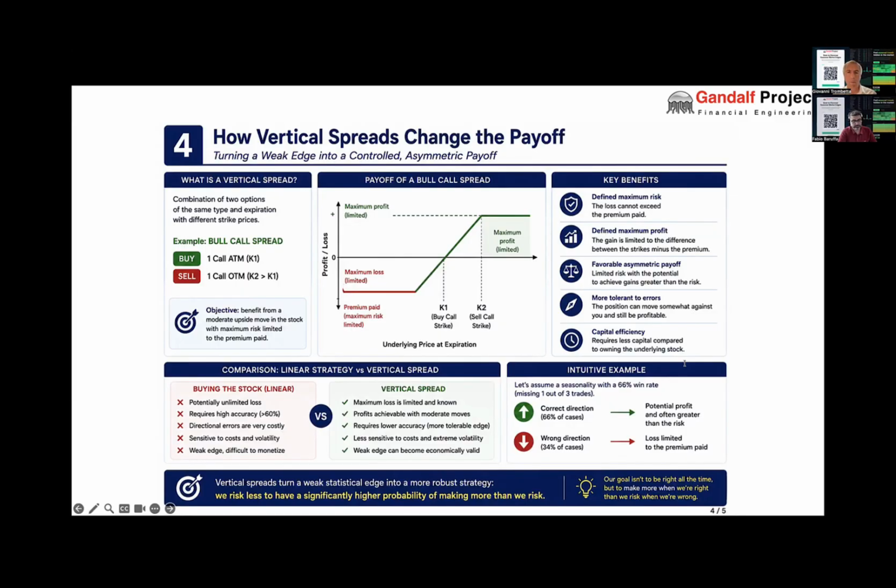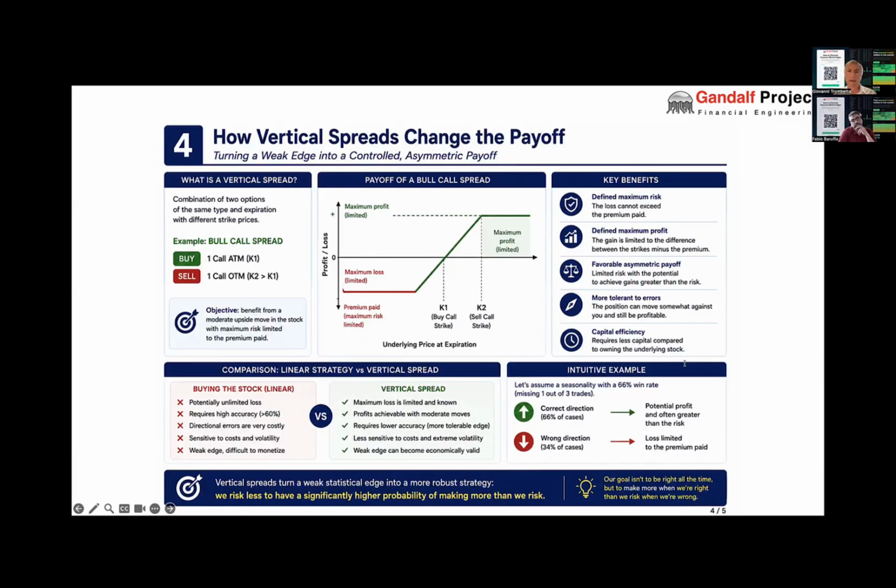What is a bull call spread? Okay, buy one call option, for instance, near the current price, so at the money, and sell another call option at a higher strike. The result is a position with limited risk and predefined profit potential. This is very important, considering that maximum loss is known from the beginning.